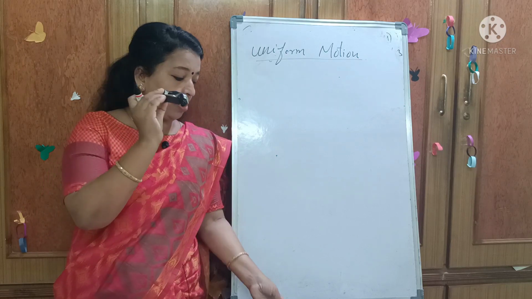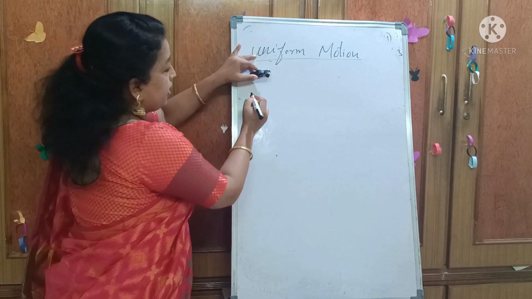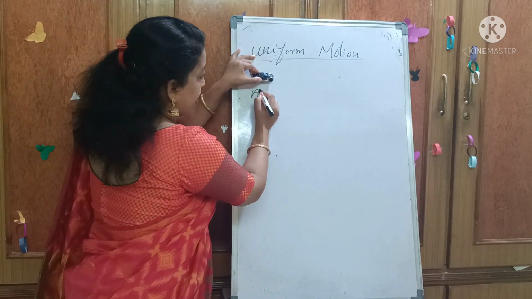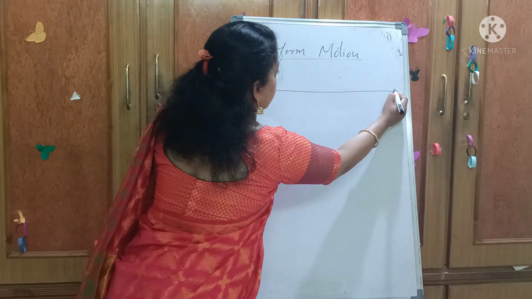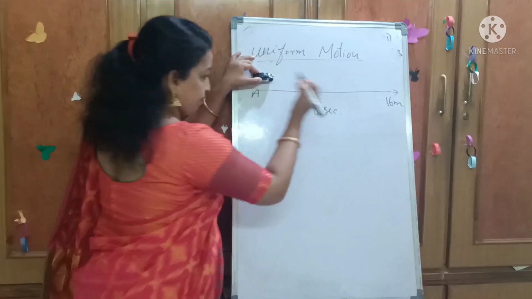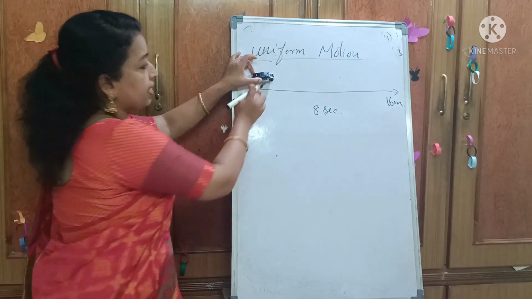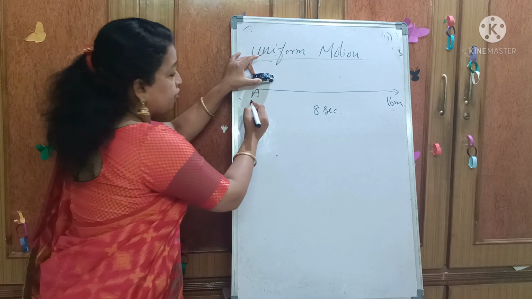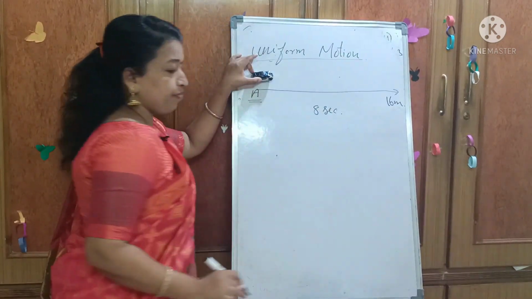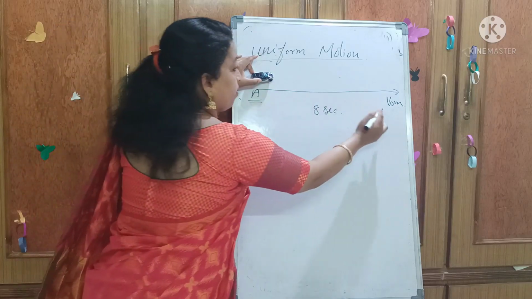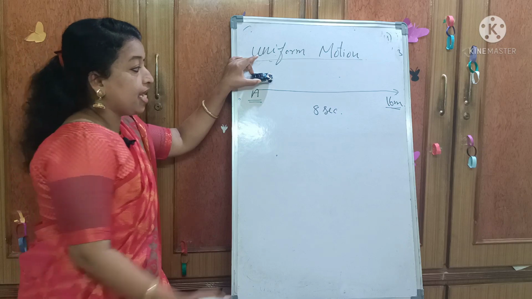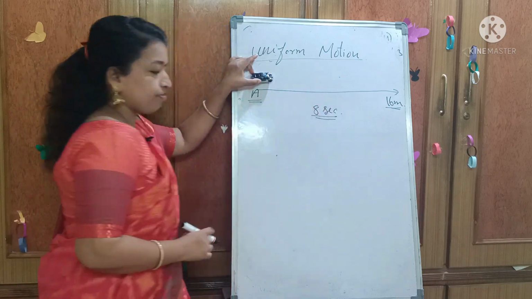The first car started its journey from A position and covers 16 meter in 8 seconds. It reaches another position. How much distance does it cover? Totally 16 meter in 8 seconds.